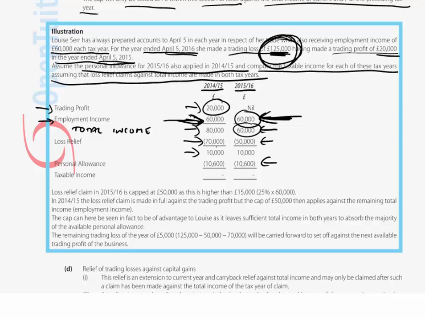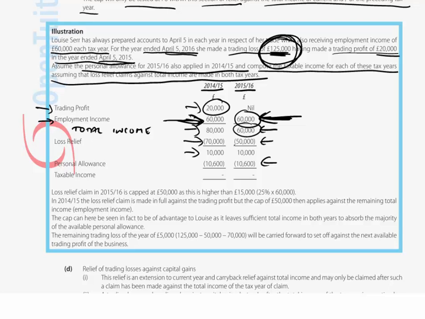You'd have had 65,000 to go against the previous year. At least in one of those years, you would have wasted the personal allowance. Obviously, you could have chosen which of those years to make your claims in first, but you'd have wasted at least one of those years of personal allowance. That's not happening now, with only a little bit of the personal allowance being wasted.